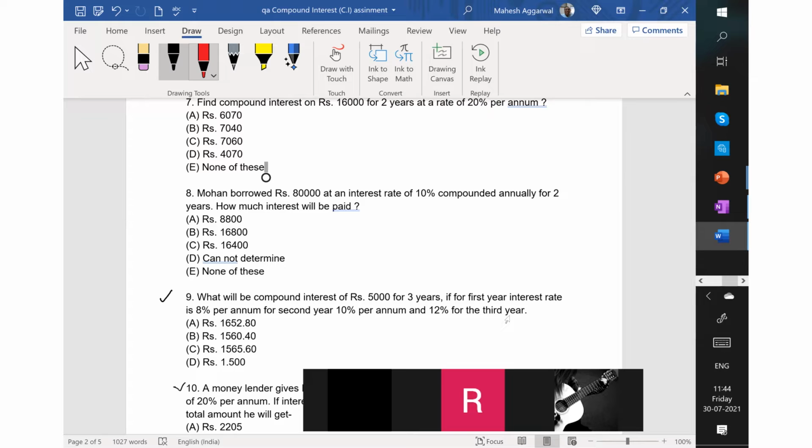So the expression will be 5,000 into 1 plus 8 by 100 into 1 plus 10 by 100 into 1 plus 12 by 100. That will give you the compounded amount. From this, when you subtract the principal, which is 5,000, you will get your interest amount. Again, it is a long calculation, worth avoiding.